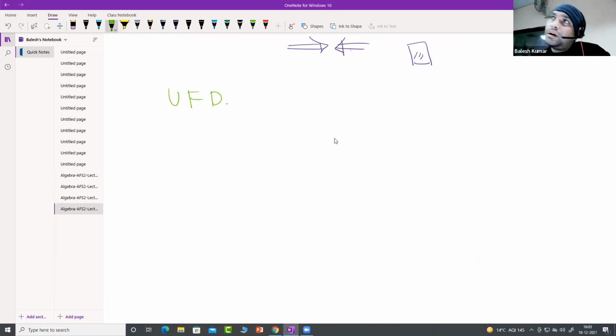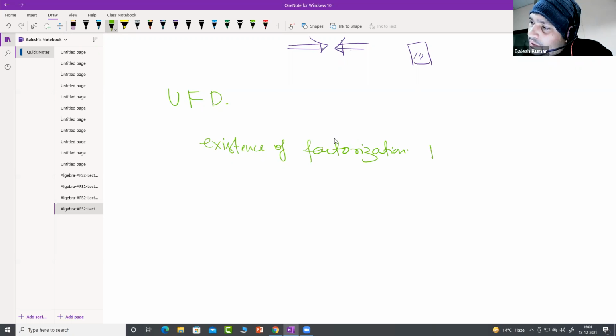If you remember a result that we have proven, in order to prove UFD we need to show the existence of factorization plus that every irreducible element is a prime.